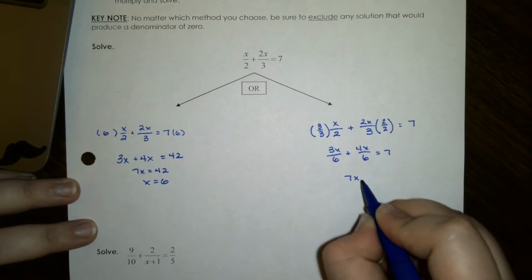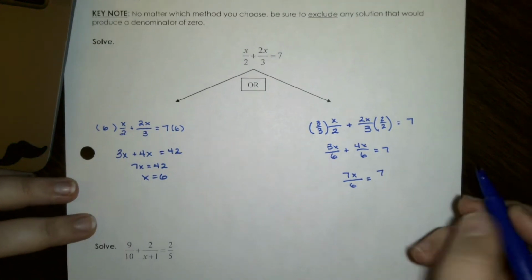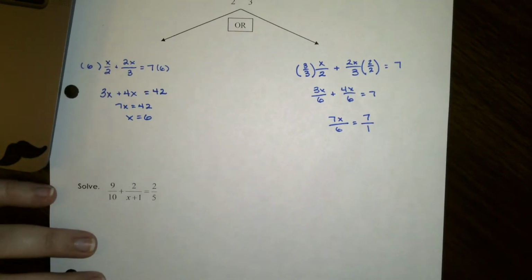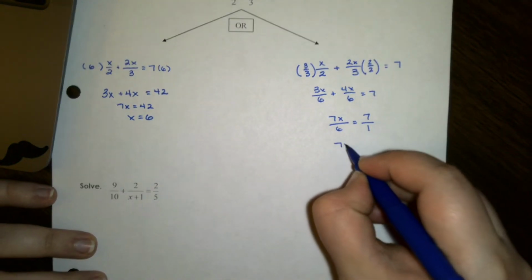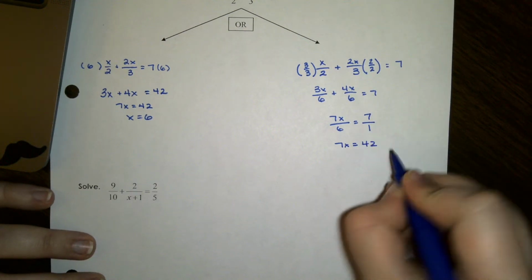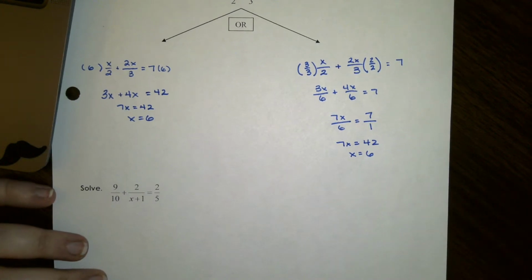I get 7x over 6 equals 7. I'm going to write it as a fraction, and then I'm just going to cross multiply. 7x times 1 is 7x, 6 times 7 is 42, and x equals 6.